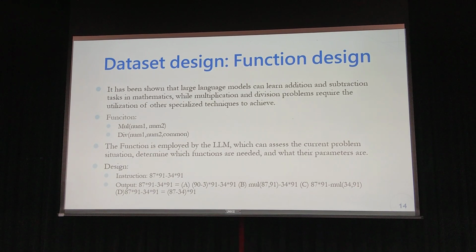This approach does not reduce the calculation error but increases the diversity of the training data. Below is the model's output, as you can see, the model can use the functions for calculation, and it can also transform the numbers to other numbers.